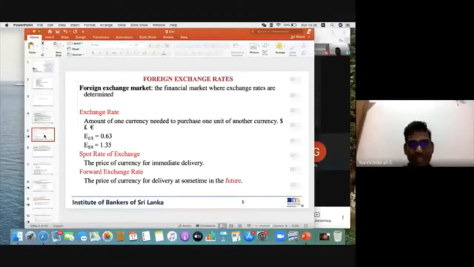See the screen, right? Okay. Right, now you can see. Now, how do you quote this exchange rate? Now you know what an exchange rate is. That is determined in a foreign exchange market.